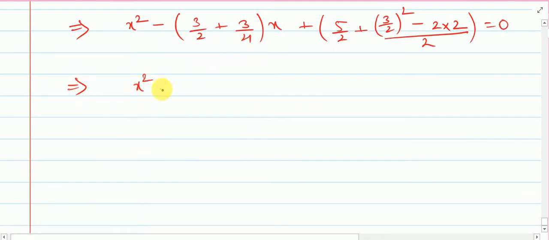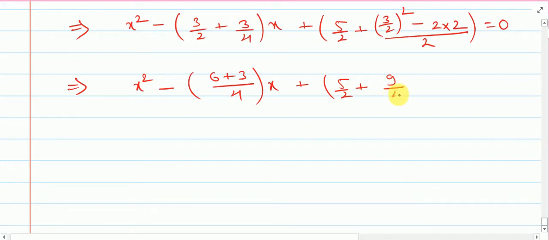So x square, here LCM will be 4. Okay, so 2 2s are 4, so here you will get 3 2s are 6 plus 3 upon 4, and here 5 by 2 plus 9 by 4 minus 4 upon 2 equal to 0.